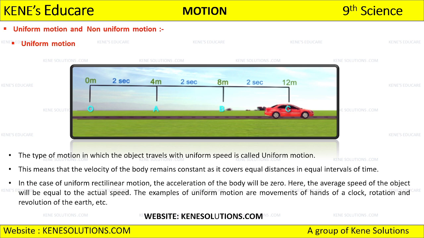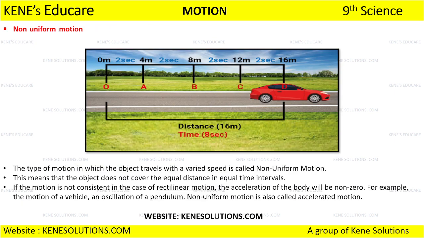After discussing uniform motion, we even discussed non-uniform motion along with an example. So we can define non-uniform motion as the type of motion in which the object travels with a varied speed, meaning the speed is going to change continuously. Then that type of motion becomes non-uniform motion.